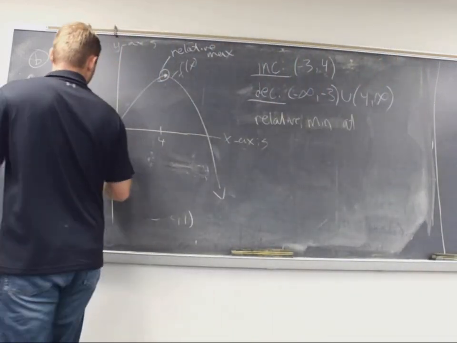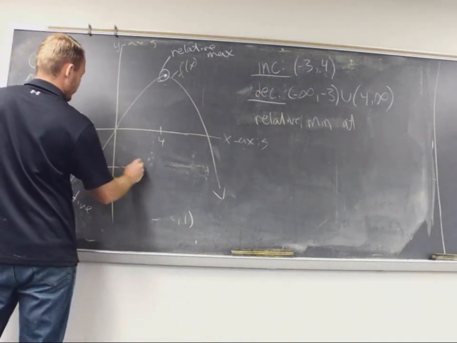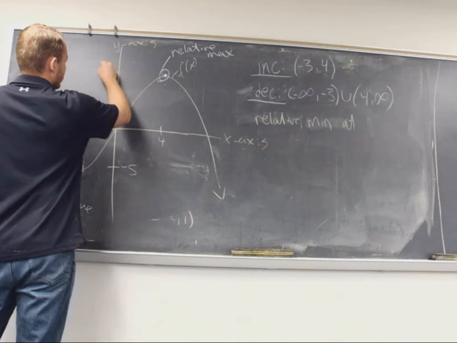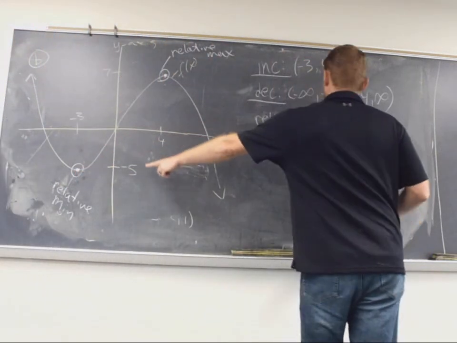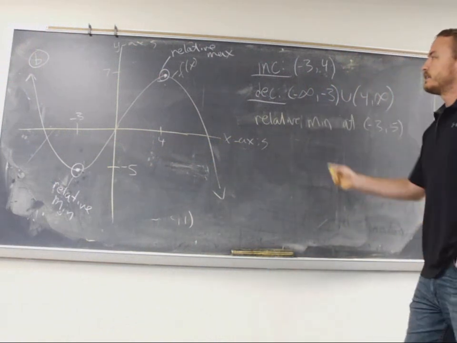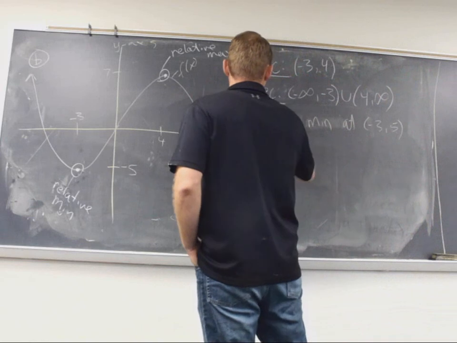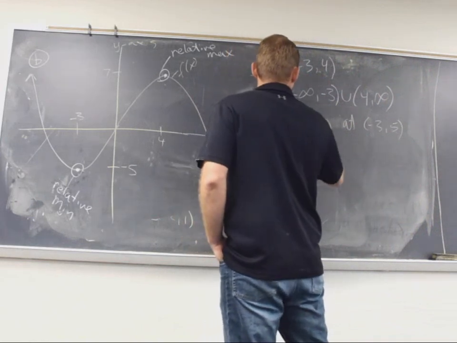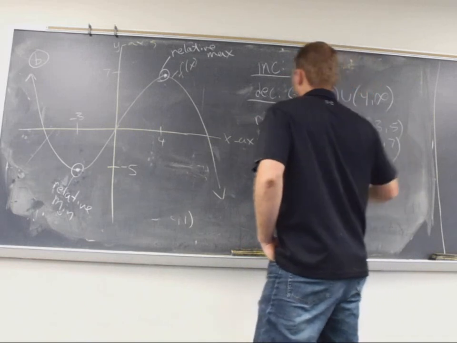I didn't write y value the next. Let's just call this -5 and this one 7. So that point would be -3, -5 for the min. And then I have a relative max at 4, 7.